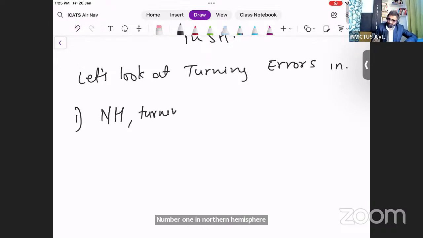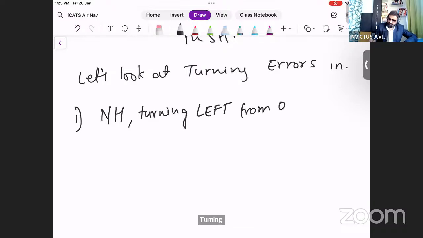In Northern Hemisphere, turning left from 045 to 315. Make sense, students?